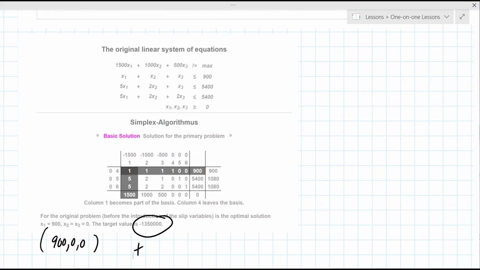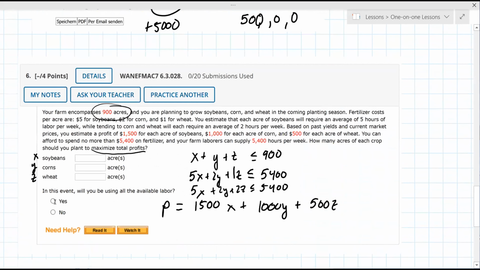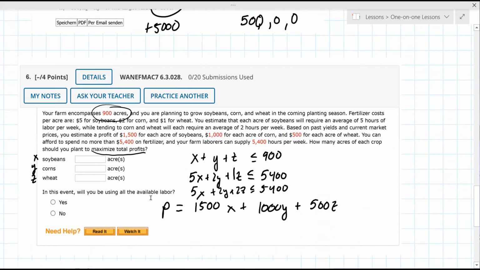So I'm going to enter those values, and then if you scroll up here, it says, will you be using all the available labor? So labor is this one right here, this last one. Basically, it's saying, like, when you put the numbers in on the left, when you put in 5 times 900 plus 2 times 0 plus 2 times 0, is there room left?